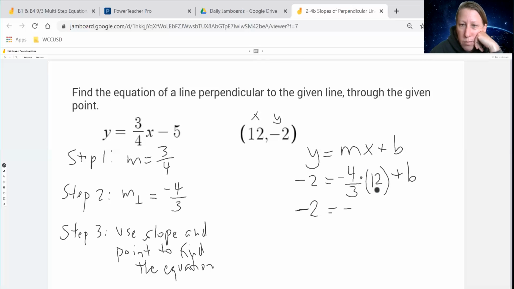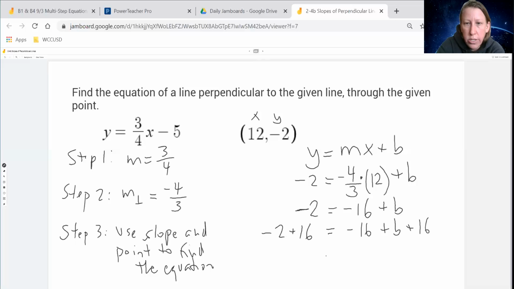And then that becomes negative 16, plus b. I'm going to add 16 on both sides. The more you do these, the better you get. Put in the effort and you can do it just as good as me, if not better.